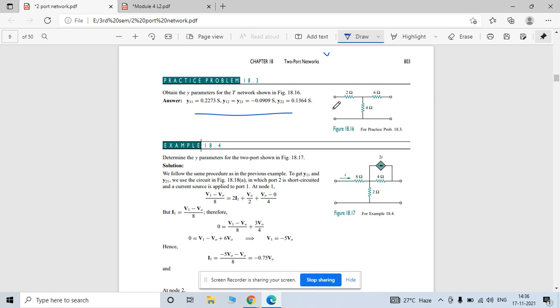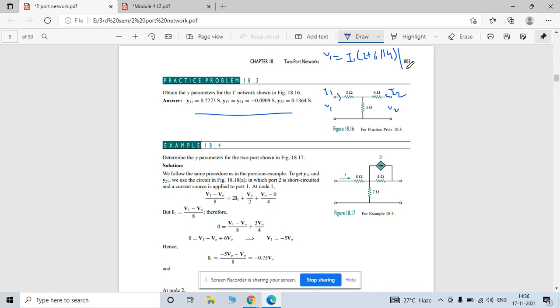So this is your V1, this is your V2, this is your I1, and this is your I2, right? V1 is nothing but, with V2 short circuited, I1 times (2 plus 6 parallel with 4), right?